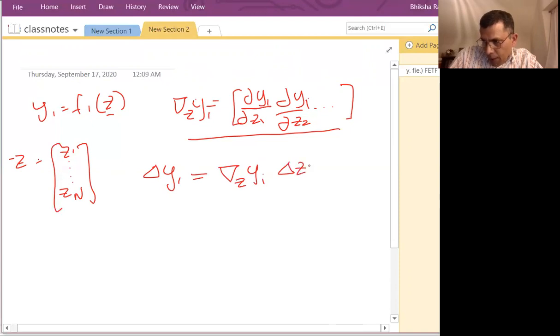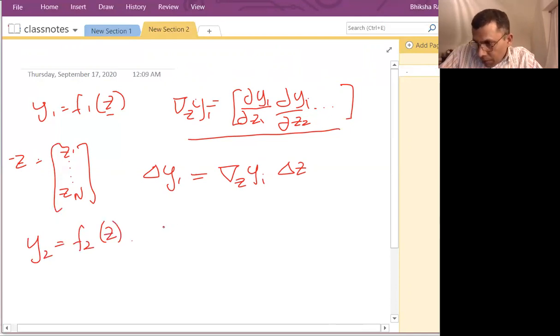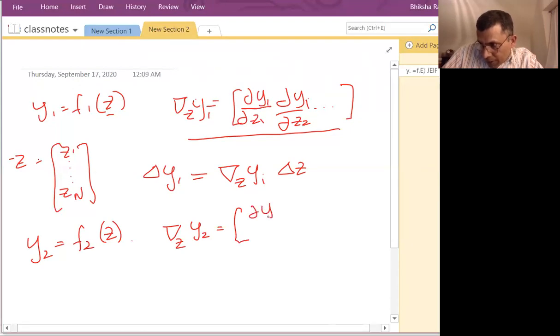Now consider a second variable y2, which is computed using a different function f2 of the same variable z. Then the derivative of y2 with respect to z is going to be a row vector of partial derivatives.